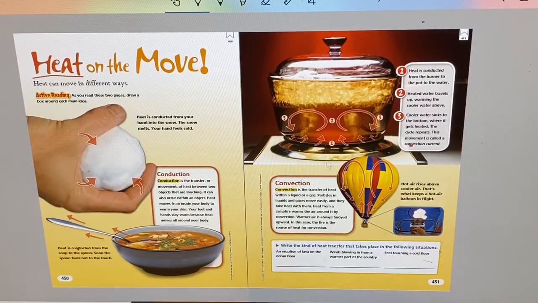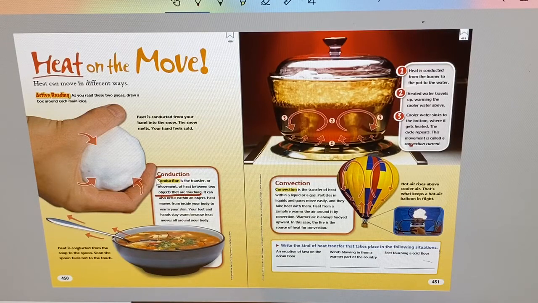Now, let's find out the conduction and convection definitions, guys. Over here, this page, you'll find conduction. Underline the definition of it. So, conduction is the transfer or movement of heat between two objects that are touching. Alright? Between two objects that are touching.